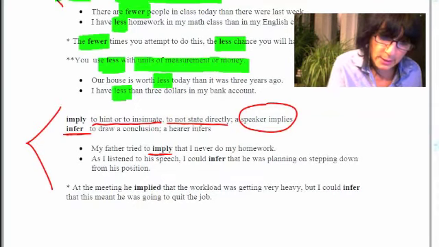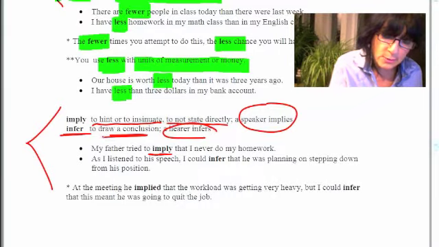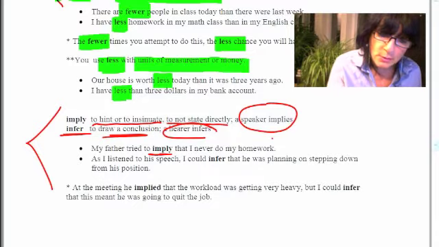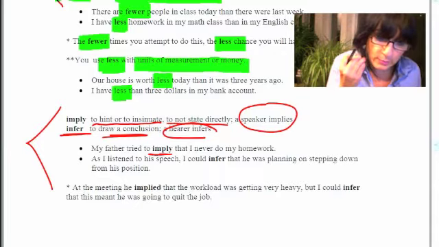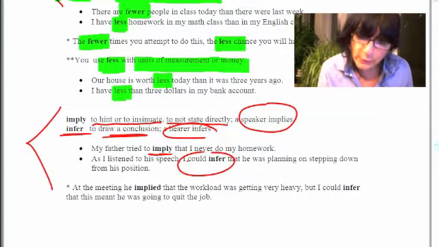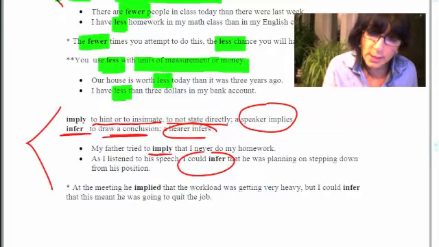And in this next one, infer means you draw a conclusion, and a hearer infers. So it's to draw a conclusion. So a speaker will imply, but the person listening will be the inferer. So an example, as I listened to his speech, I could infer, so I could conclude that he was planning on stepping down from his position.